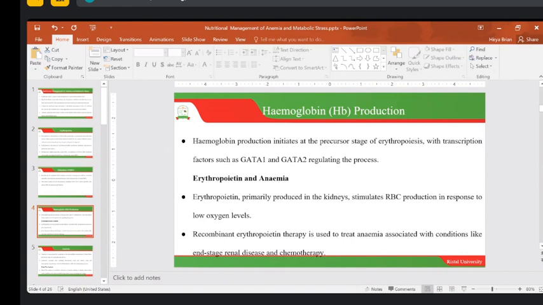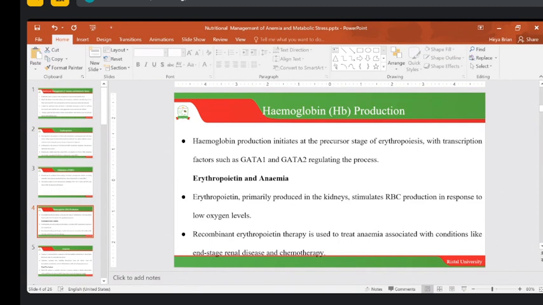If something is more in the body, a signal will be transmitted so that less production of that particular factor is done. Or if there are very low levels of that particular nutrient in the body, a factor will stimulate more production of that particular enzyme or factor that is a precursor for the production of that nutrient.